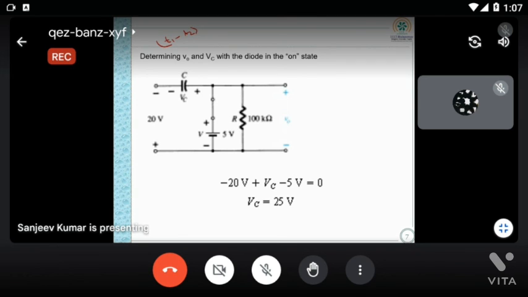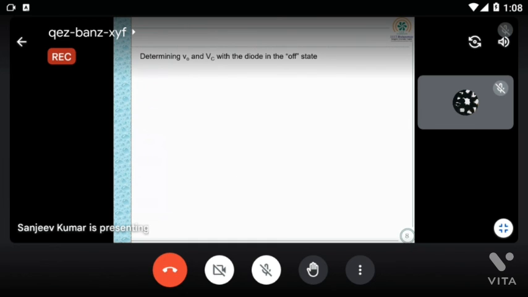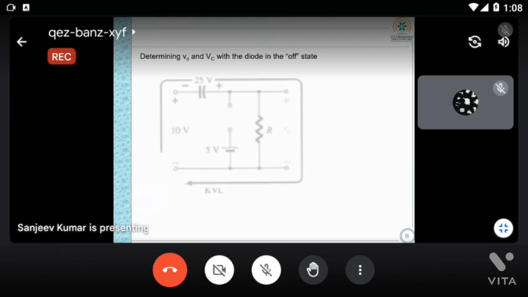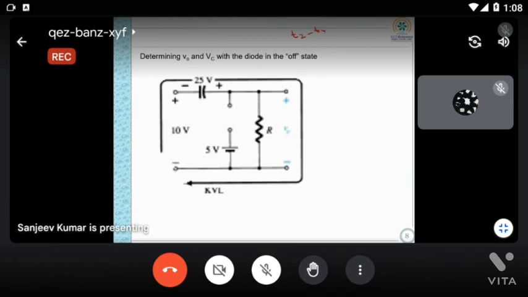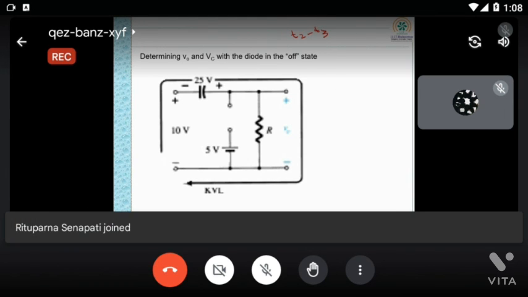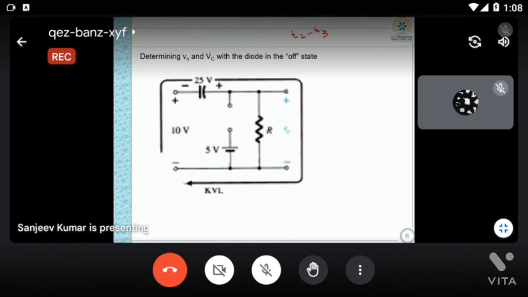Now we have to apply this in the T2 to T3 time period. So in T2 to T3 time period, the capacitor is charged, but the diode will be in off state, because in the T2 to T3 time period, this is plus 10 volt only. So this is plus 10 volt, the capacitor is minus 25 volt, and you can see this is open.